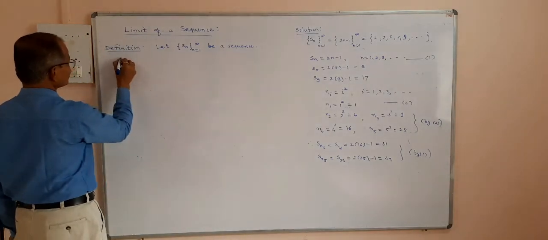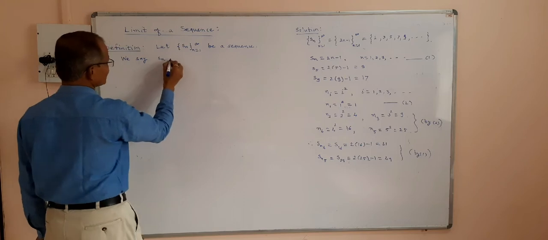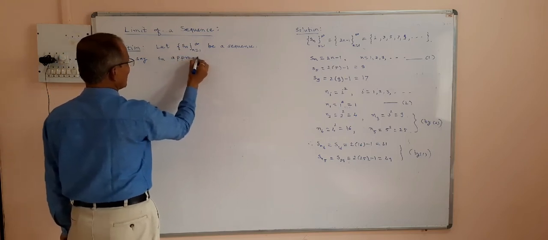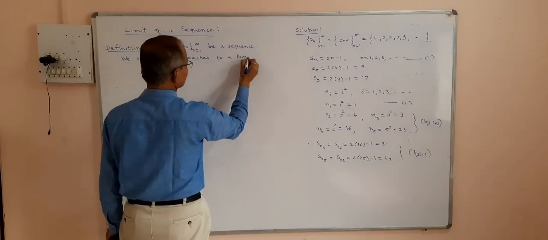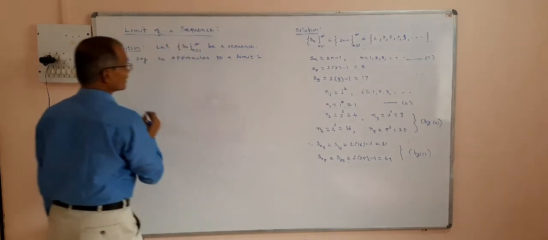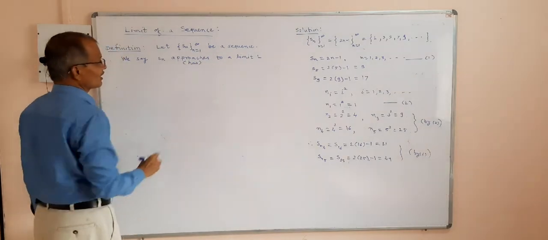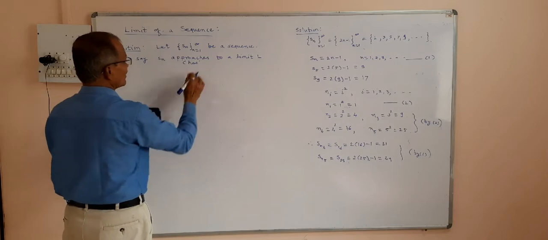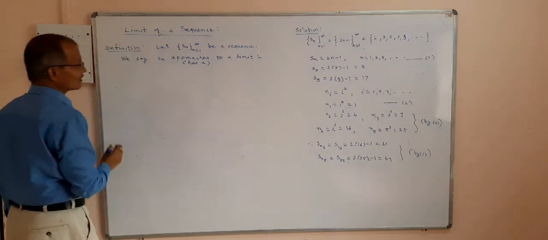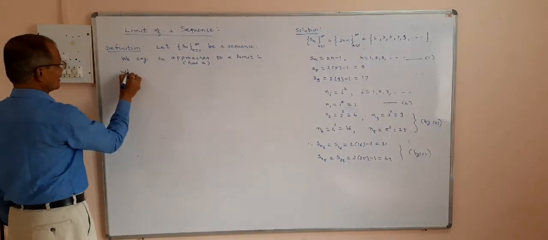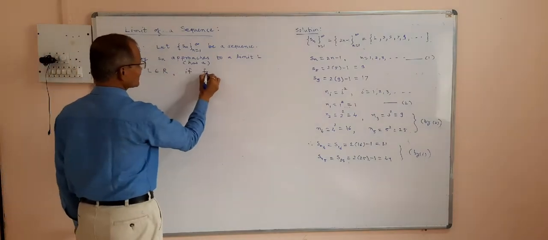Then we say Sn approaches a limit L, or we can say Sn has a limit L, where L is a real number, if for every epsilon greater than 0.